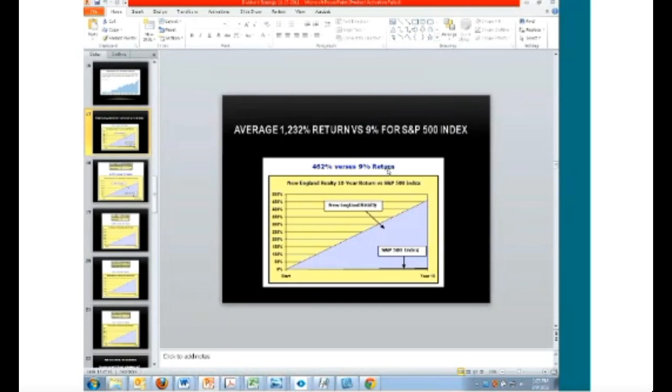And this sampling of MLPs on average had a 1,232% return versus 9% for the S&P. So again, a big outperformance for this sampling of MLPs in different industries.